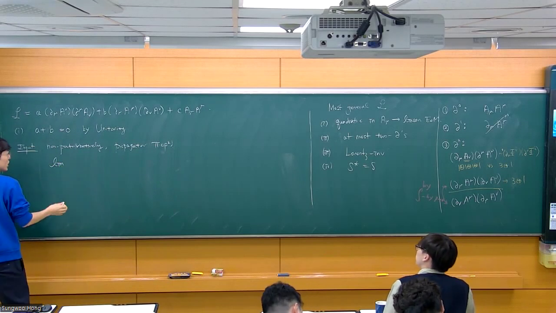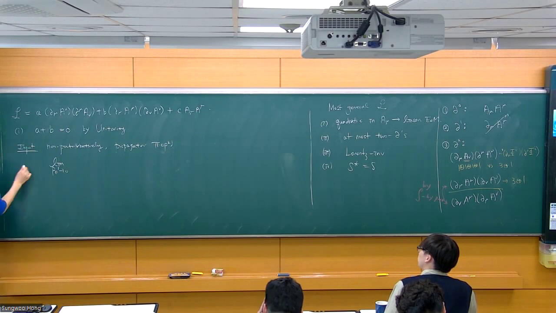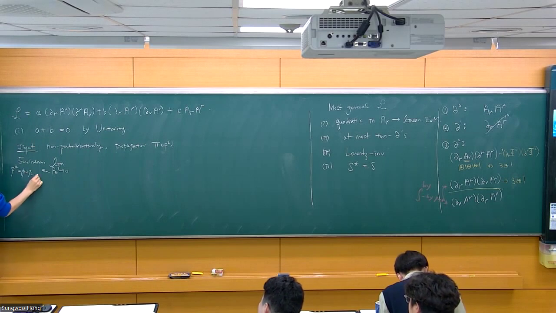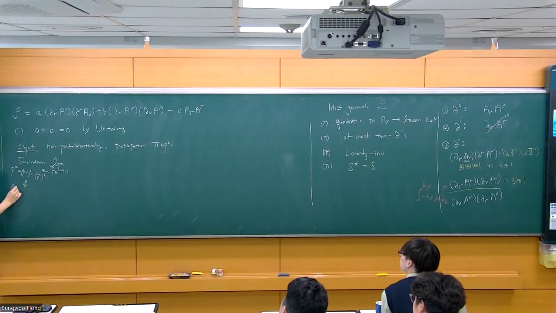So if I go to the Euclidean space, by Euclidean I mean this is Euclidean momenta, by which I mean if you had Lorentzian momenta, then you had this minus p vector squared, right? But then we can go to the Euclidean by flipping this sign, by which I mean we can do this.